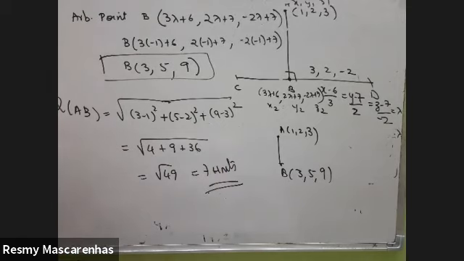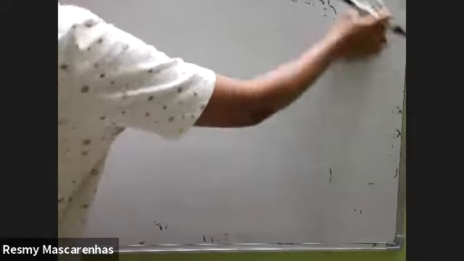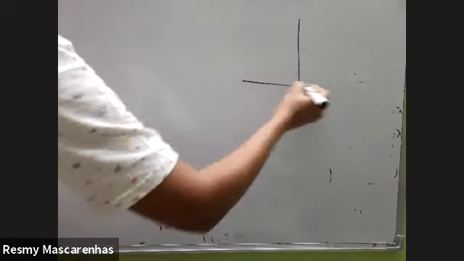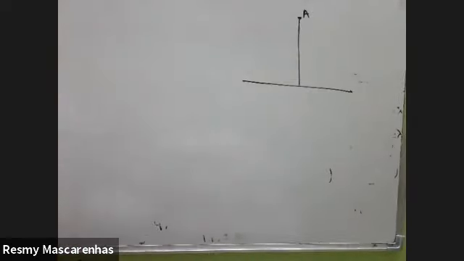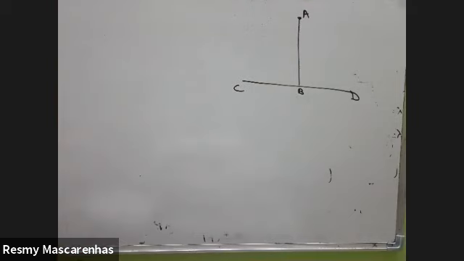It's slightly different. When they don't give you a Cartesian equation, instead they give you 2 points. B and C is given there, no?